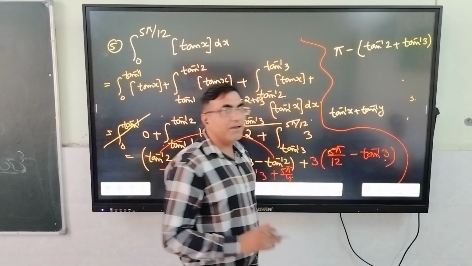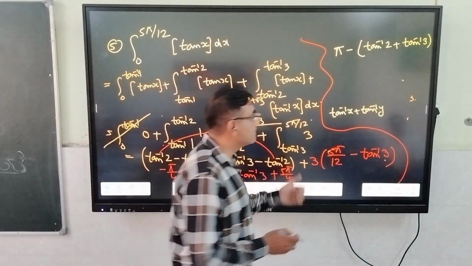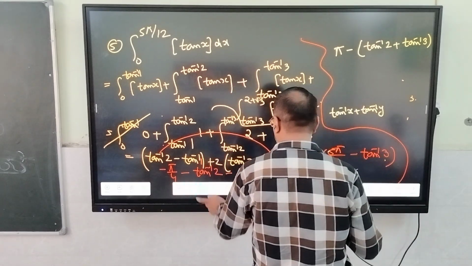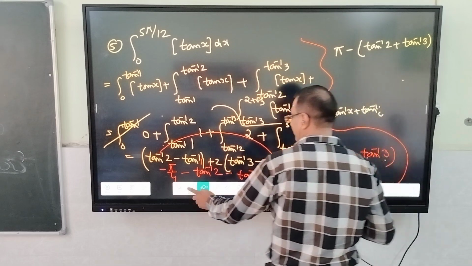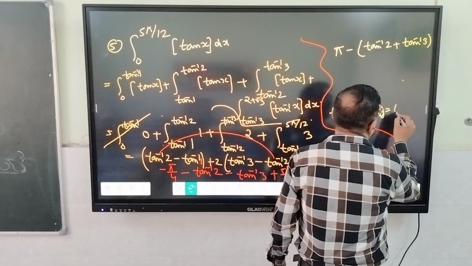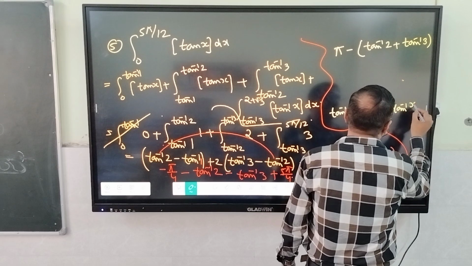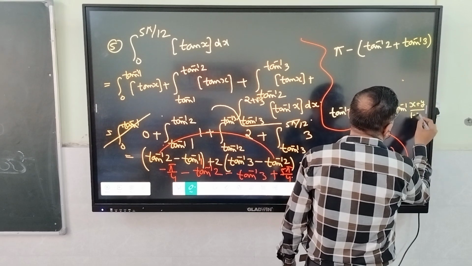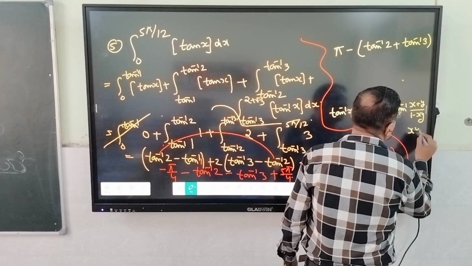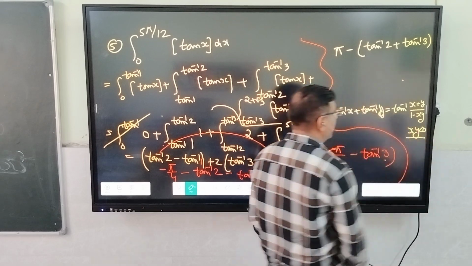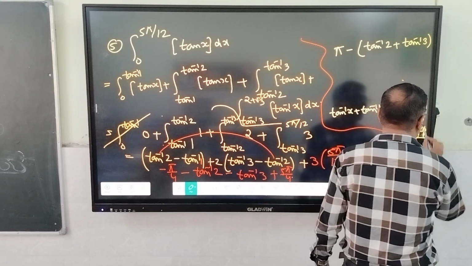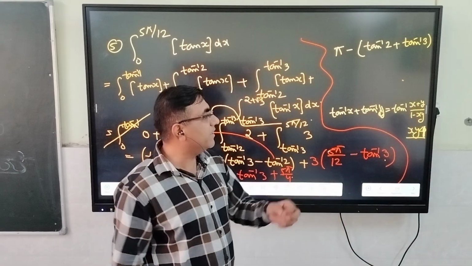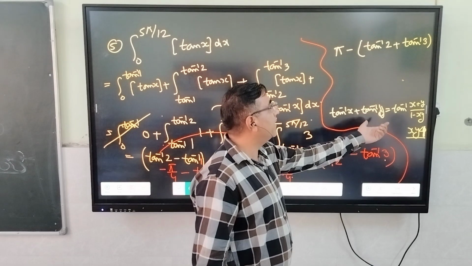Be careful for applying this formula. So it will become tan inverse of x plus y over 1 minus xy if xy is less than 1. If xy is not less than 1, we cannot apply this formula.